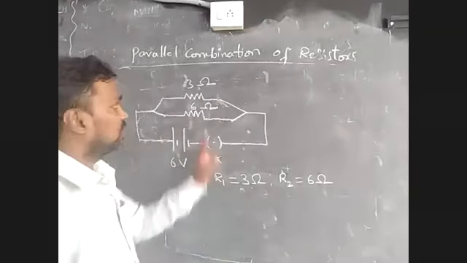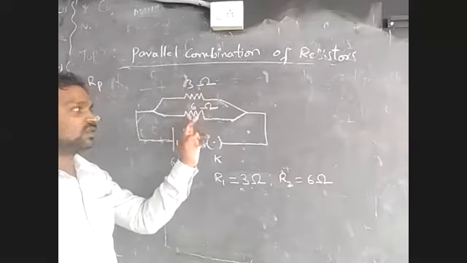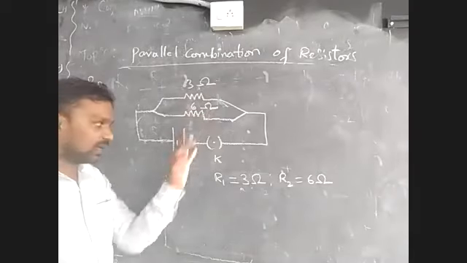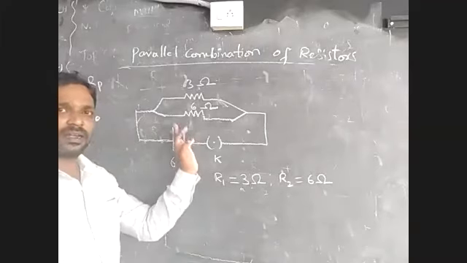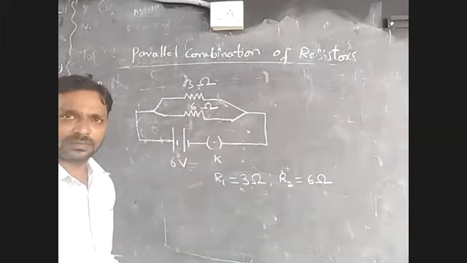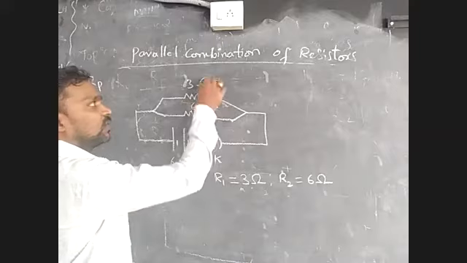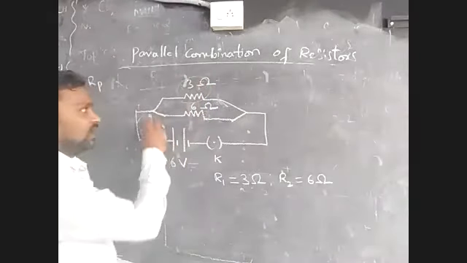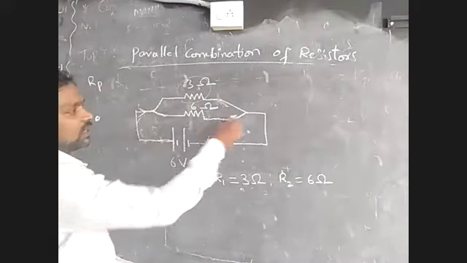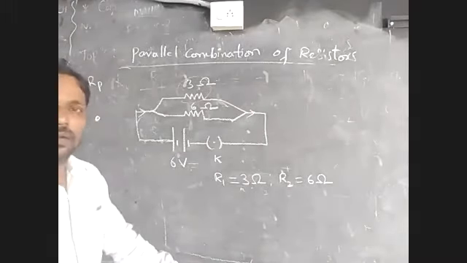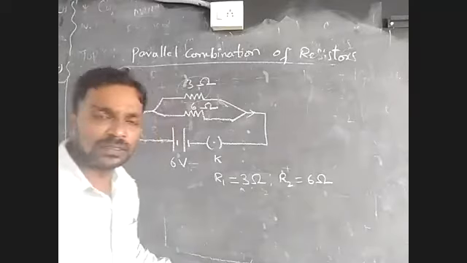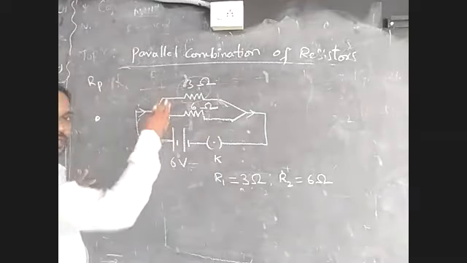The question is: 3 ohm and 6 ohm resistors are connected in parallel across a battery of 6 volt. Find the current flowing through the circuit. I did not ask the current flowing through only the 3 ohm or only the 6 ohm. I am asking what is the total current flowing through the circuit.